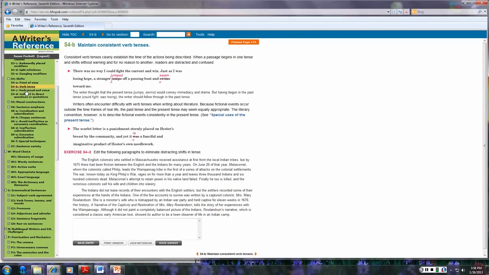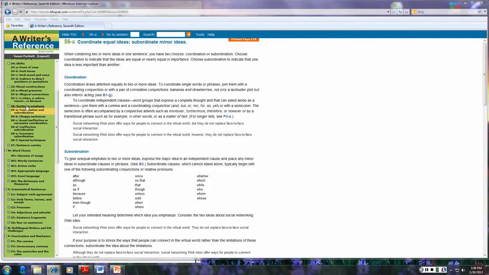There are certain times when it is necessary to be in one or the other, and there are times when it is necessary to show that there is a change. But unless there is a reason to change tense, you want to maintain the verb tense or be consistent throughout the text.